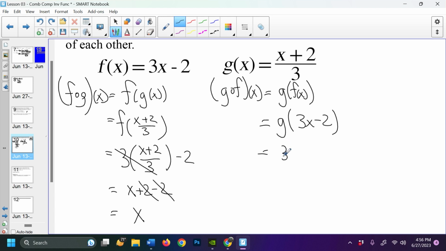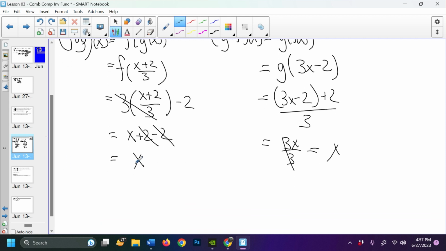That something is 3x minus 2. And I want to add 2 to it and then divide by 3. In this case, those parentheses can be dropped because I don't have any distributing. I don't have any exponents. So I've got 3x minus 2 plus 2. I end up with 3x because these two will cancel. 3x over 3 reduces down to just x.